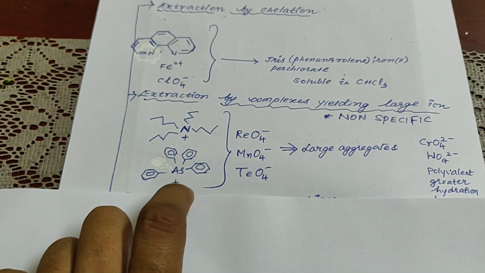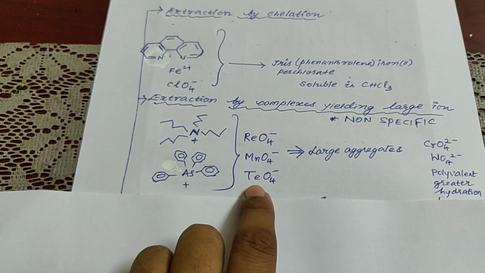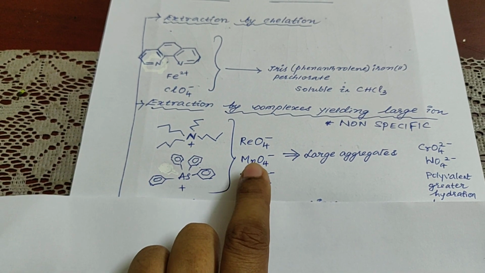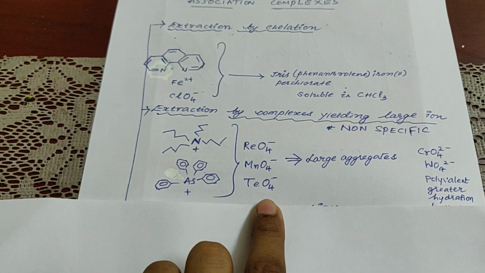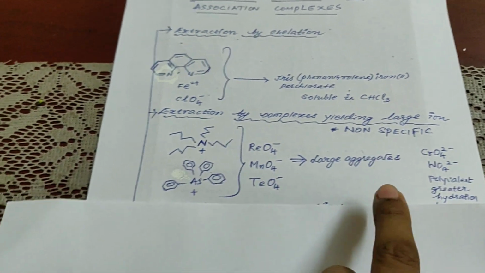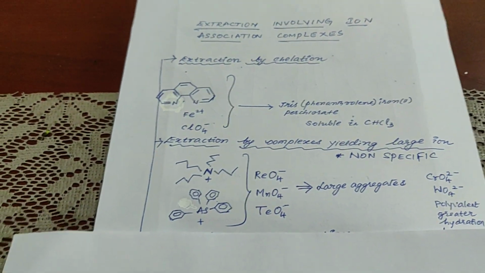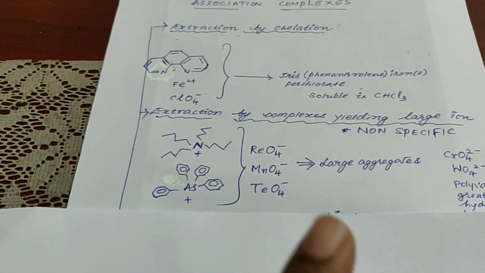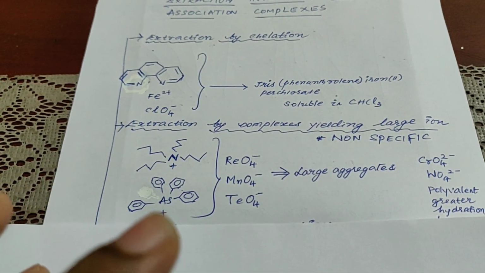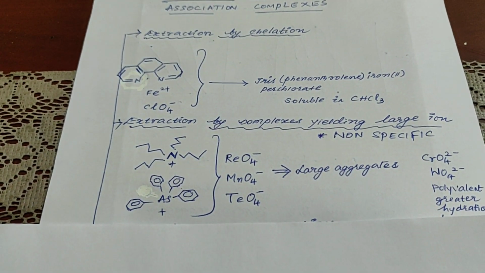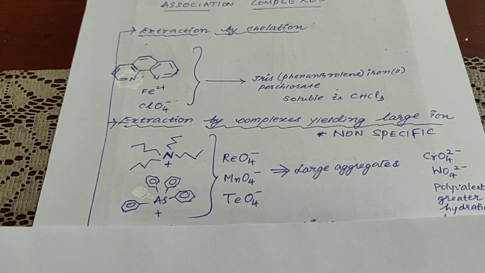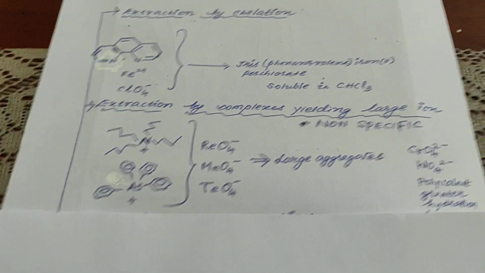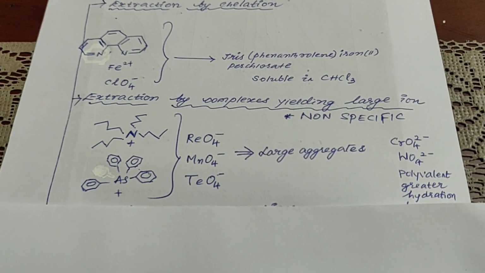These two combine with ions like MnO4-, ReO4- or TcO4-. They form larger aggregates. So a simple anion can be converted into a larger aggregate which is neutral. This neutral species automatically becomes soluble in our organic solvent.